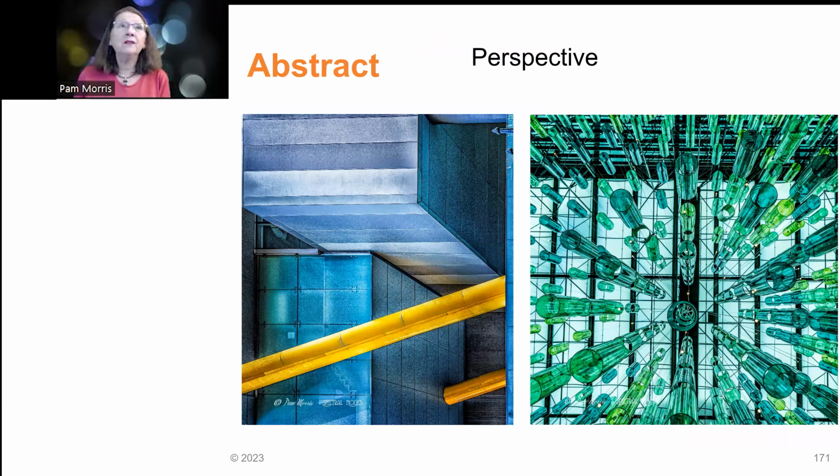And you can also use your camera and wide angle lenses to give you distortion and perspective, and make the image a geometric abstract in itself when you're just photographing the real world. Use light.